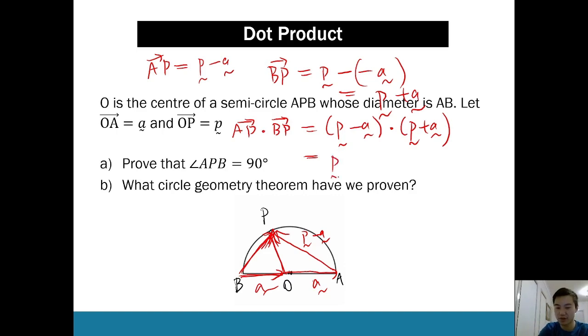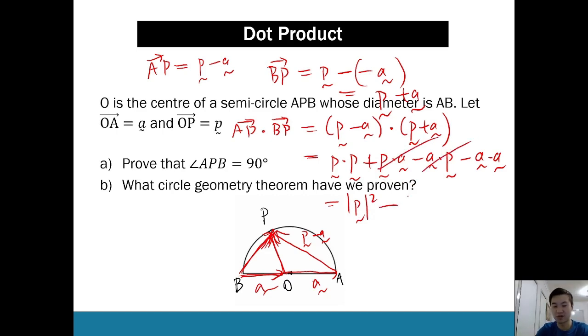So this will be dot product of P with P plus dot product of P with A minus dot product of A with P minus dot product of A with A. So this will be magnitude of P squared. Using the commutative law, these things are equal, so when we subtract them from each other, they'll cancel. And then the dot product of A with itself is going to be the magnitude of A squared.